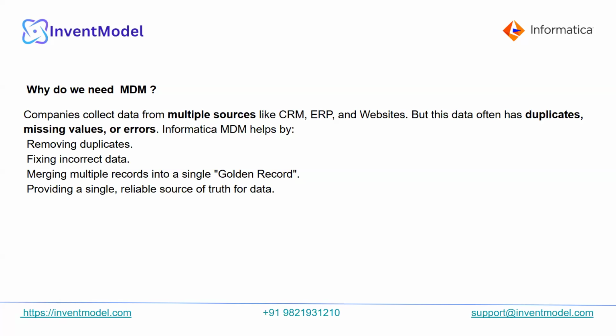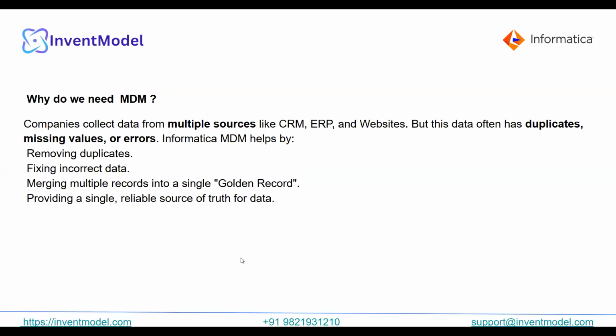Hello everyone. So basically, we need MDM because this provides us the golden data, right? It helps the business get a single source of truth. Which means if there is any duplicacy and there are errors, those errors will get removed during the process, and then we get a single copy so that everyone can look into the single data instead of looking into multiple data, which creates confusion.